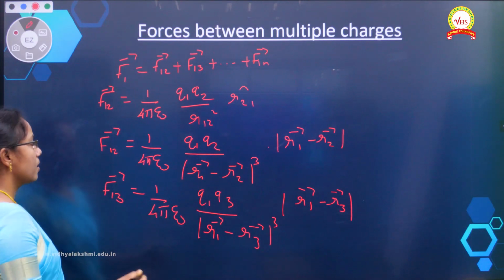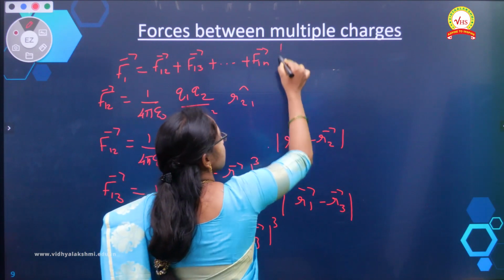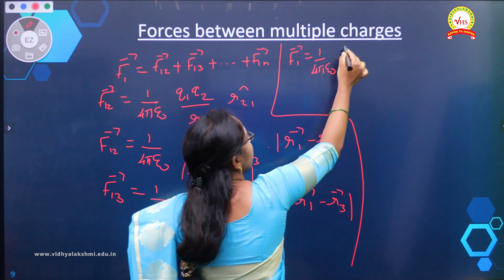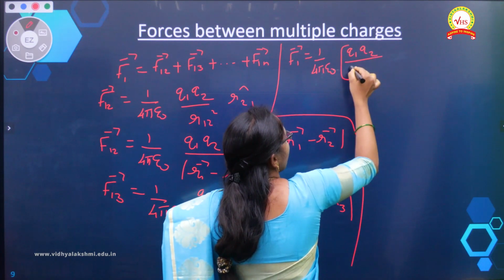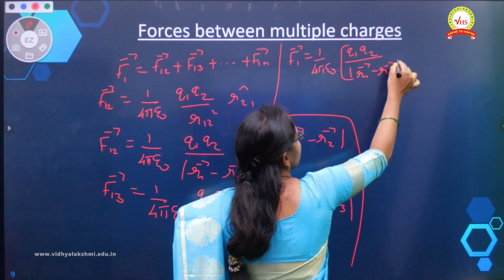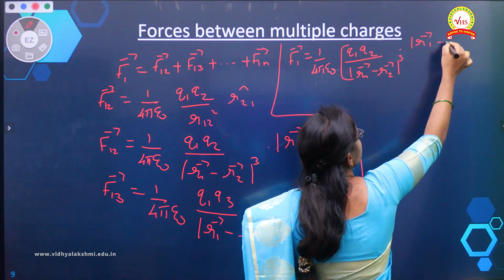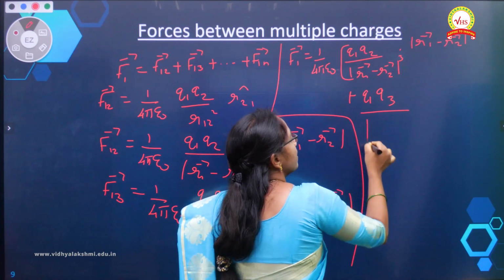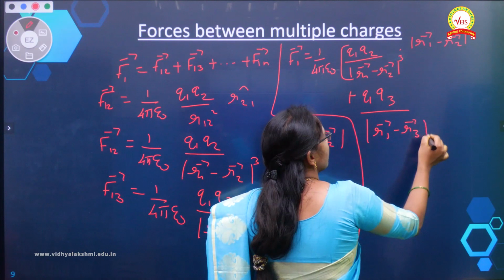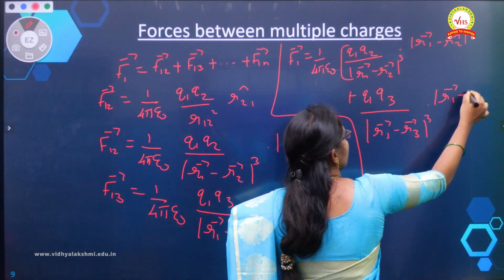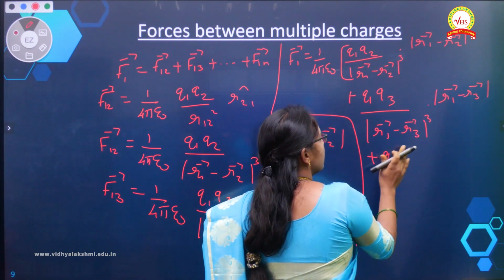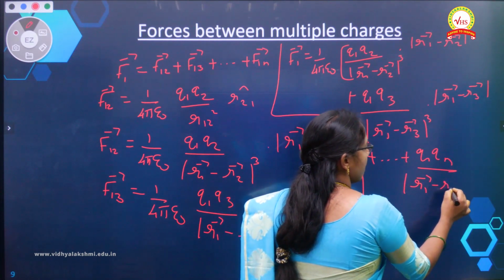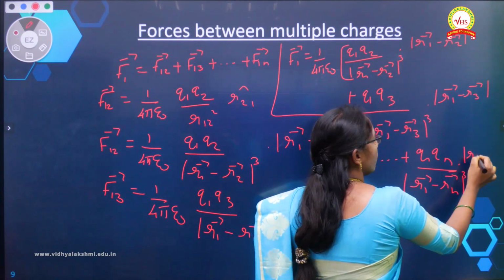As a whole, the total force F1 will be equal to 1 by 4 pi epsilon naught, Q1 Q2 by R1 minus R2 the whole cube into R1 minus R2, plus Q1 Q3 by R1 minus R3 whole cube into R1 vector minus R3 vector, plus until Q1 Qn divided by R1 minus Rn whole cube into R1 minus Rn.